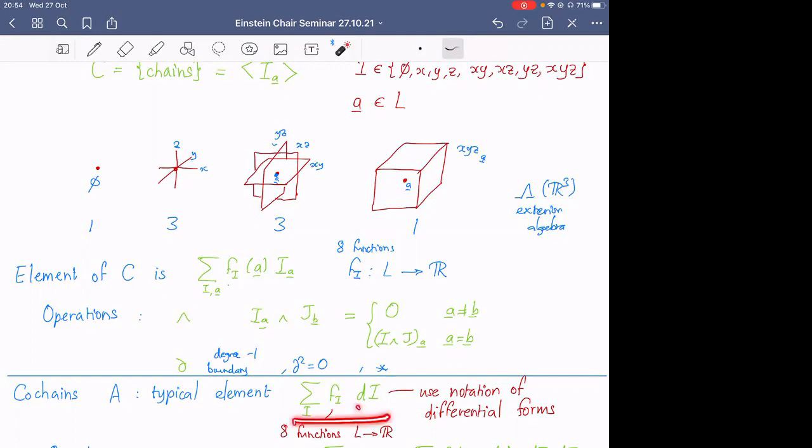Here we're using the same notation of differential forms, d_i, to indicate on which type of cell we have this function f_i. So you have exactly the same data to specify an element of the cochain space as an element of the chain space. Simply, we write it differently. Here, this refers to a hypercube, and this refers to a cochain element.